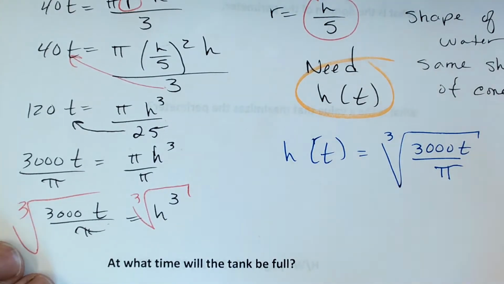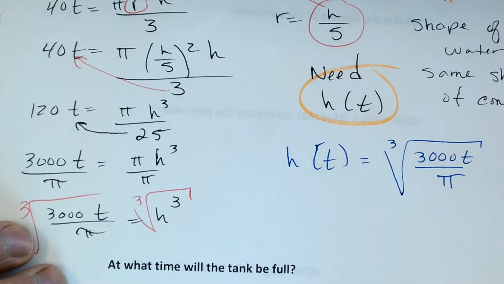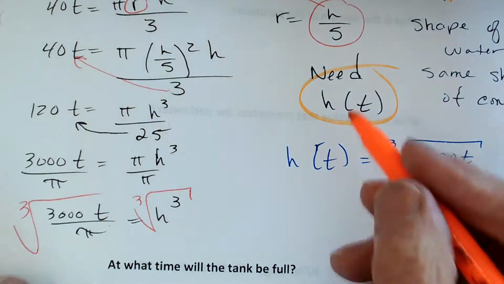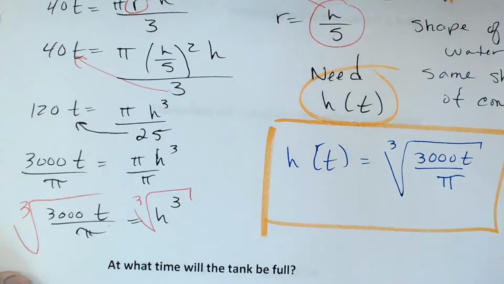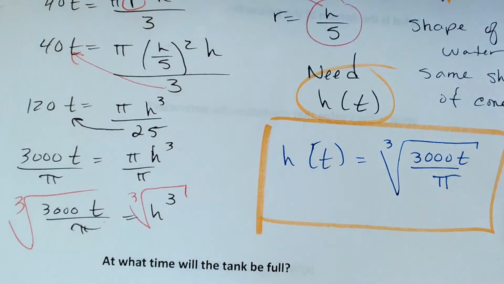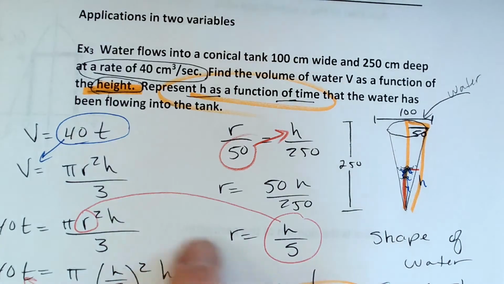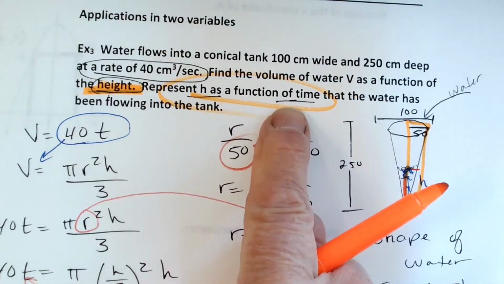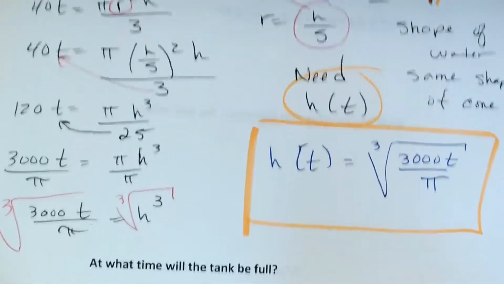So we can go back to what our question was, and that's my answer to the first part. My question was, represent h as a function of t. I need h of t.